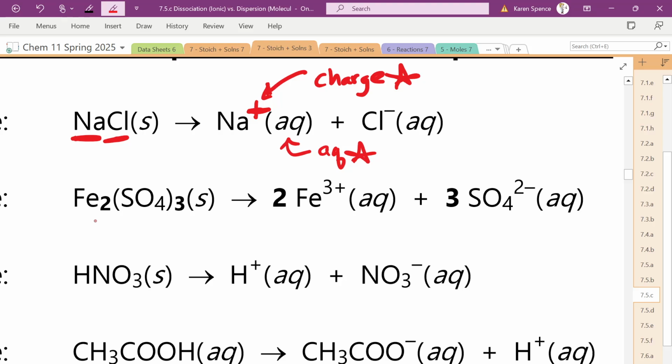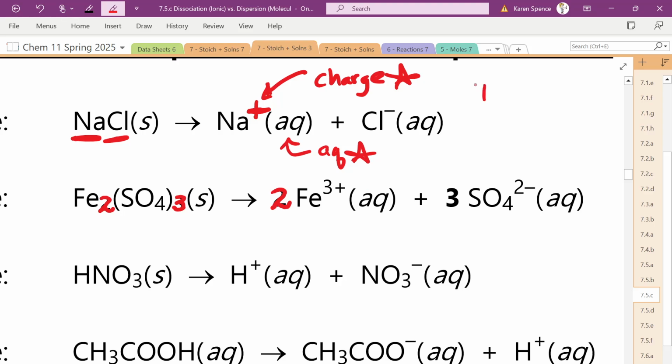If we have Fe2(SO4)3, you need to say that there are 2 Fe's by putting a coefficient of 2 in front of the Fe. Like I said, it's very similar to what you were doing in the ionic reactions yesterday.